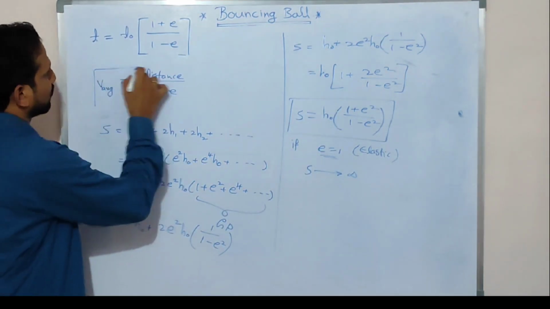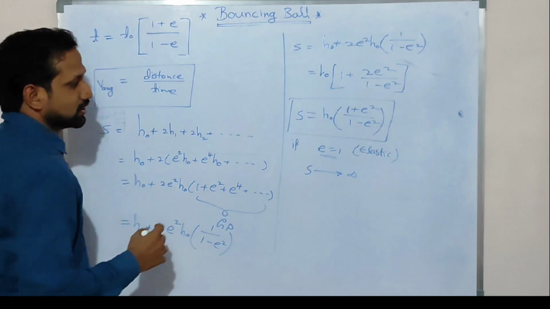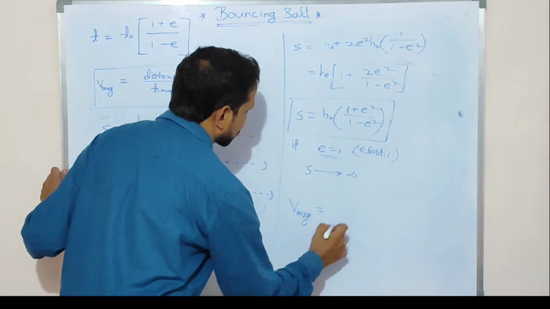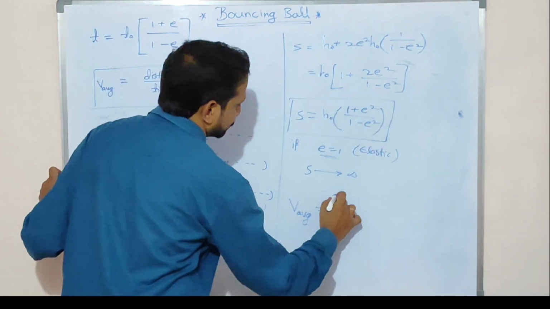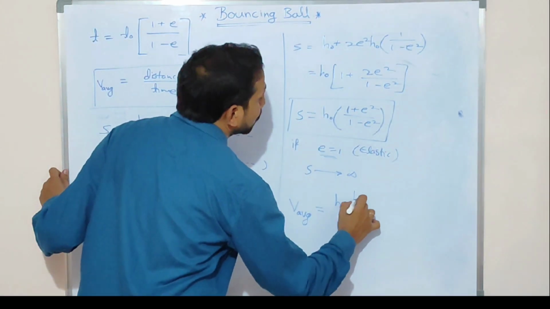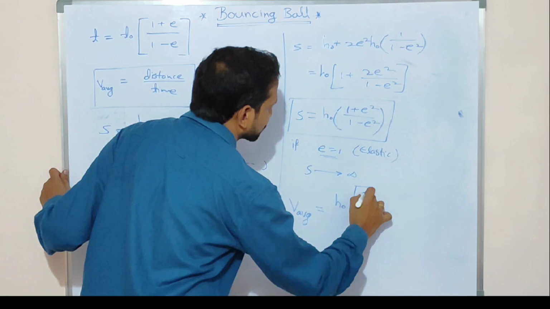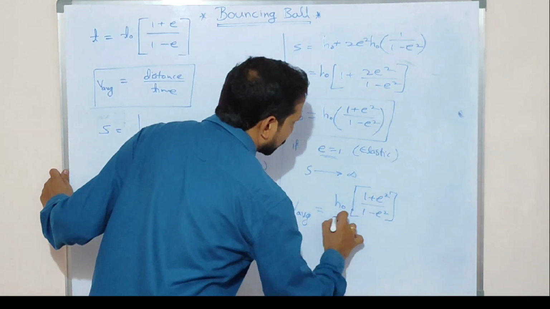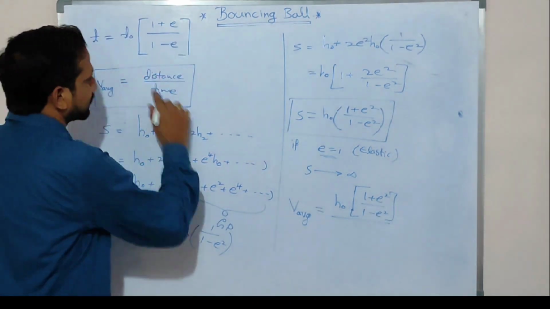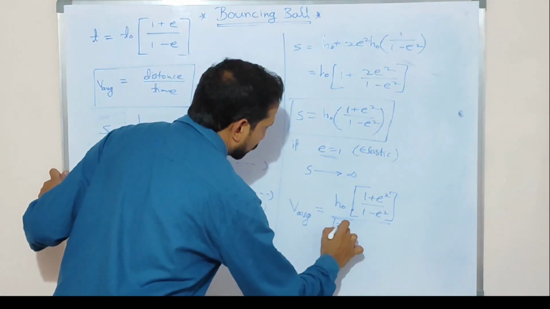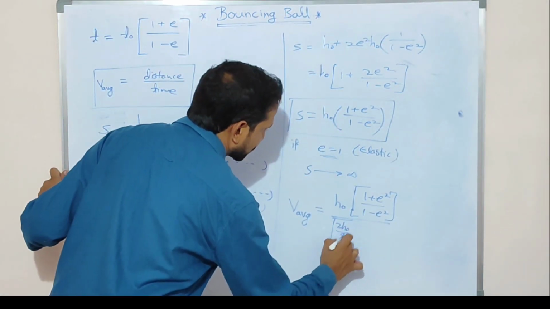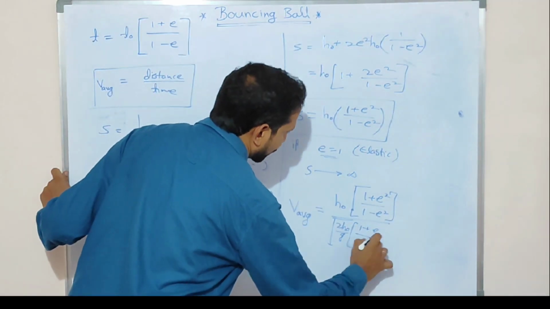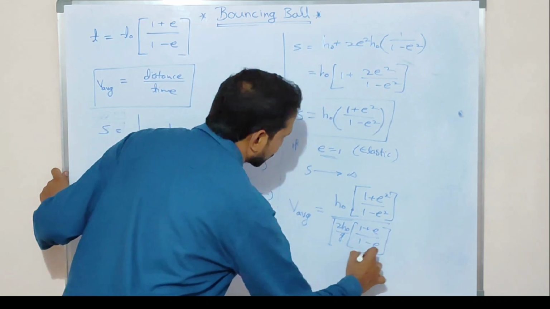Now if you substitute in the formula of average speed, average speed is distance, h naught (1 plus e square) by (1 minus e square), divided by time taken, under root of 2 h naught by g into (1 plus e) divided by (1 minus e).